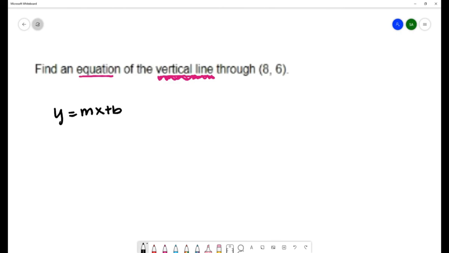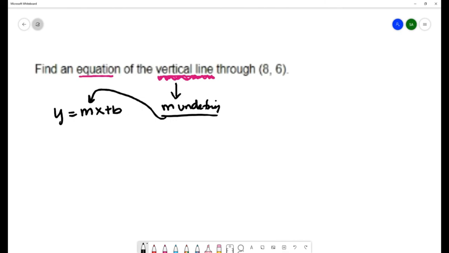But vertical lines have a slope that is undefined. Because the slope is undefined, you're never going to be able to come up with a number to plug into that equation, so we really have to know what the equation of a vertical line looks like.